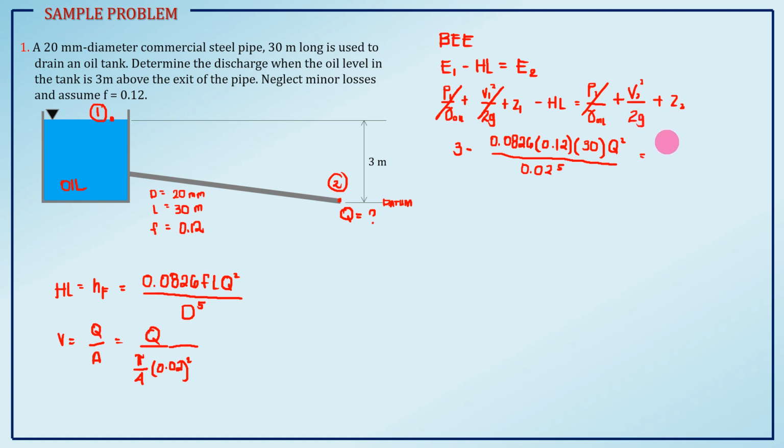So we substitute it in this equation: Q over pi over 4 times 0.02 squared. Don't forget that our V is squared there, and then divide by 2g, where g is the gravitational acceleration. Then, what is Z2?